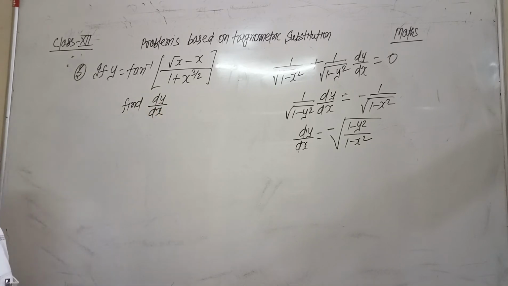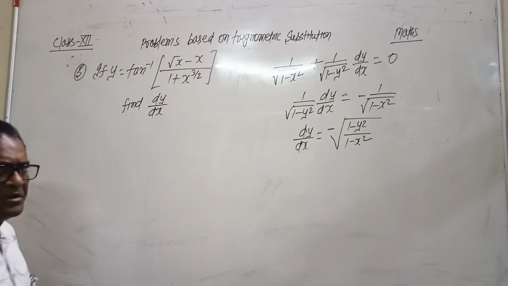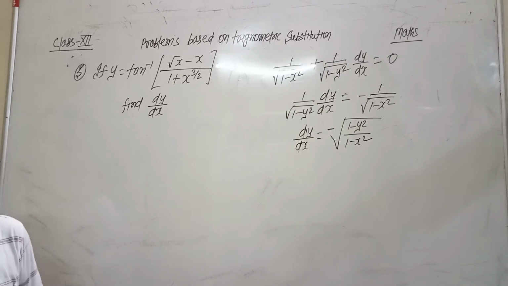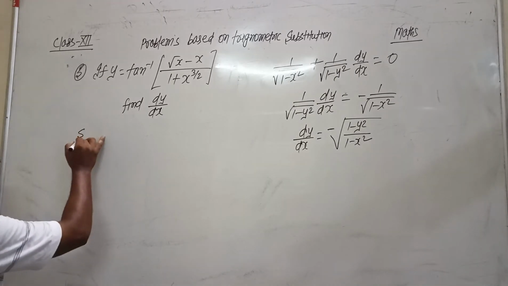We have been given the expression y equals tan inverse of under root x minus x upon 1 plus x raised to the power 3 by 2, and we have to calculate dy by dx.